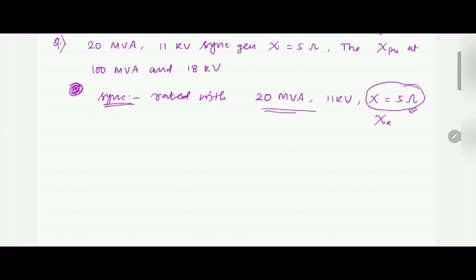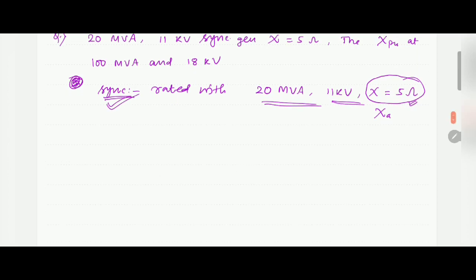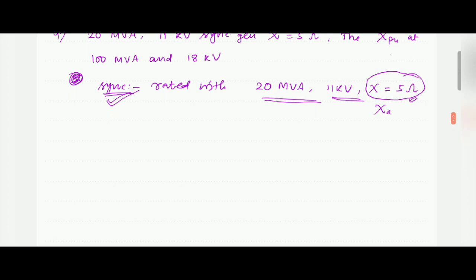And these values are marked on the nameplate of the synchronous generator. We are asked in the question to calculate the value of per unit reactance for a base MVA of 100 MVA and base voltage of 18 kV.